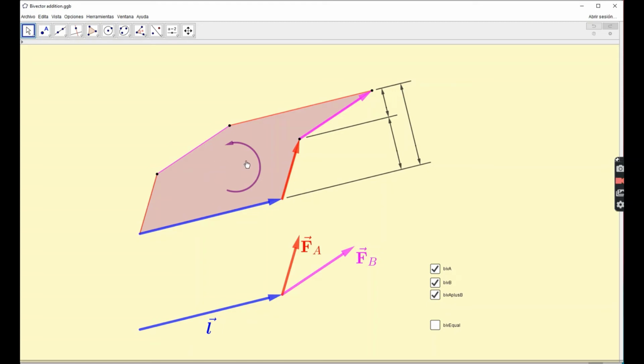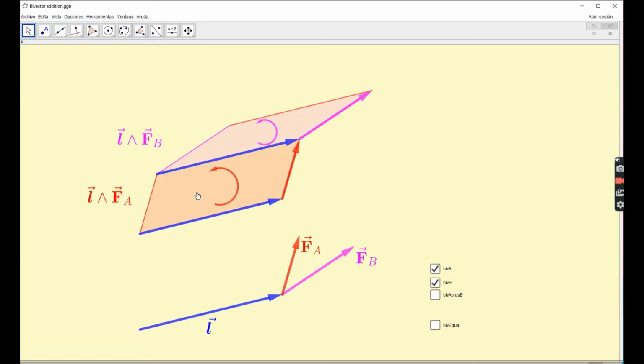The only thing is it's not in a form that's remotely useful to us for calculation. So let's look at this a little more, remembering again that the only characteristics of a bivector are area and sense, and in a three-dimensional case, the orientation, the precise sort of plane that it's parallel to. So let's look at this again. Here we have an area, but what's it composed of? Well, it's composed of this parallelogram and this parallelogram.